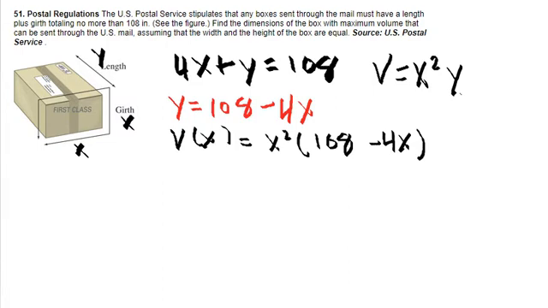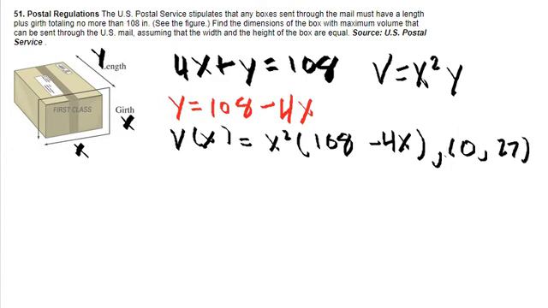Now, we have our equation, but notice that the domain must be specified for this one. If we set each of these two factors to 0, we figure out that the variable x must be in the open interval from 0 to 27.